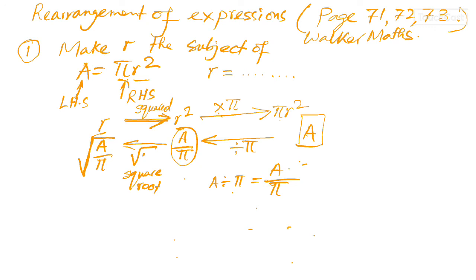That means it should cover pi and also A divided by pi, and then I square rooted the whole thing. So the final answer is R, which is the subject of the formula, square root of A over pi.